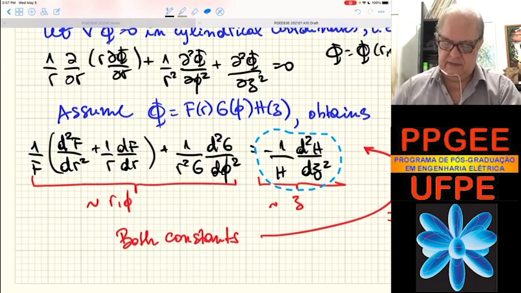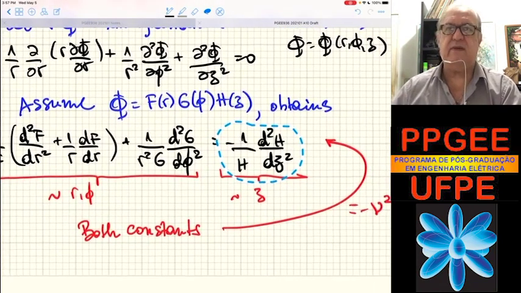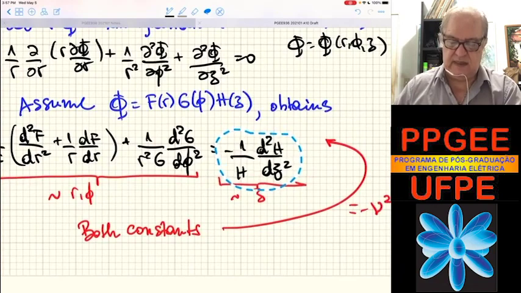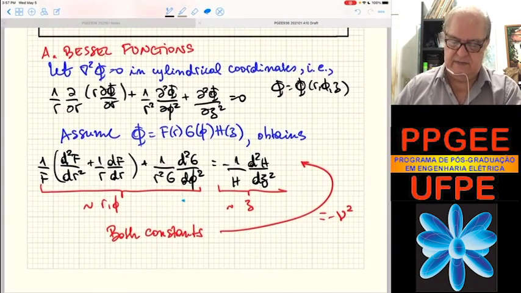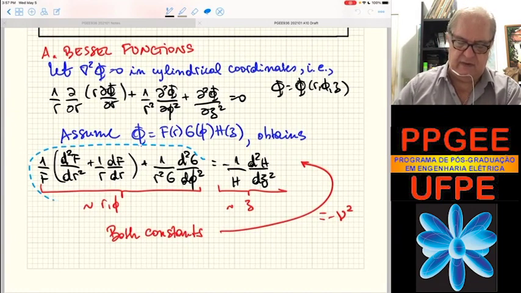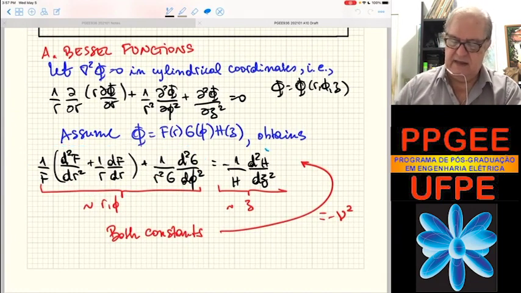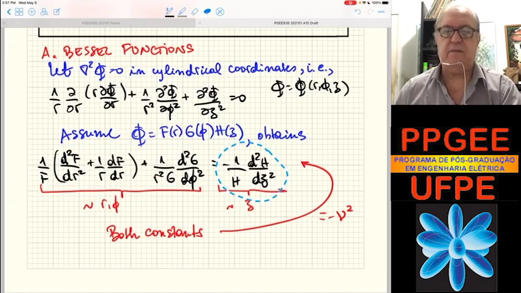So again, we have to impose that both terms are constants, because they depend on independent variables. This depends on r and phi. This one depends on z.